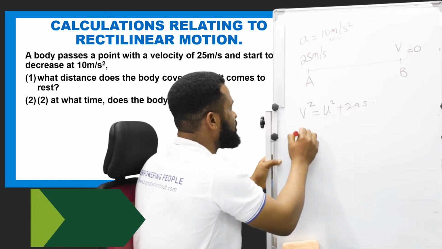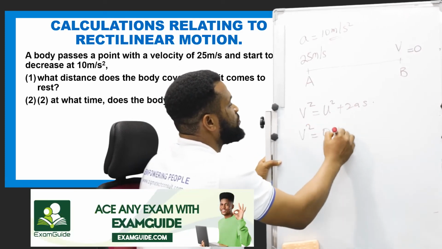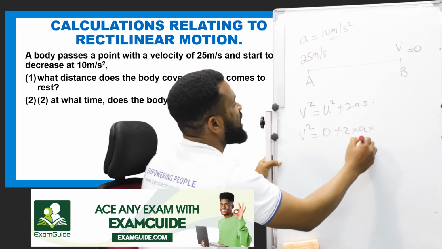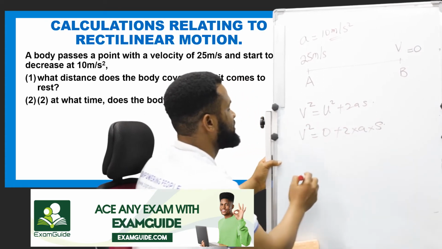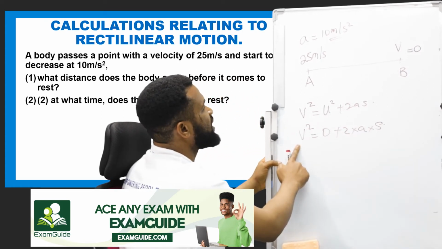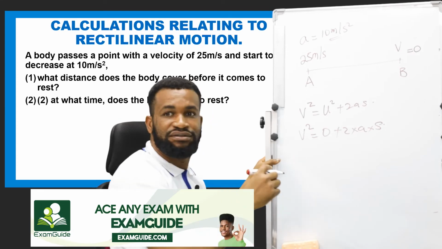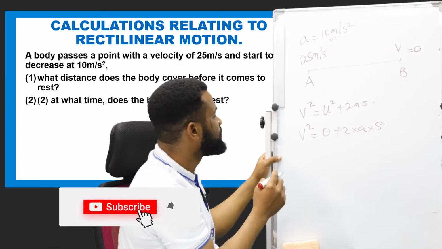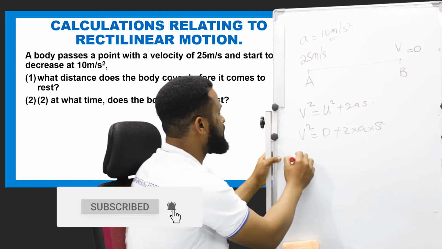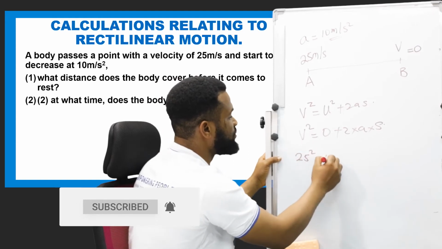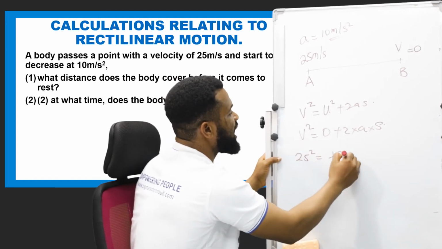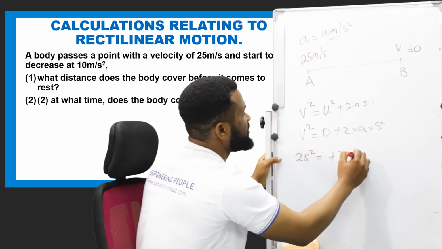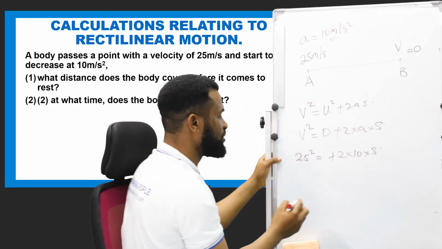So we have V squared is equal to 0 plus 2 times A times S, which I don't know. Now, V squared, the velocity, is given as 25. So 25 squared is equal to 0 plus 2 times acceleration, 10, times distance, which I don't know.